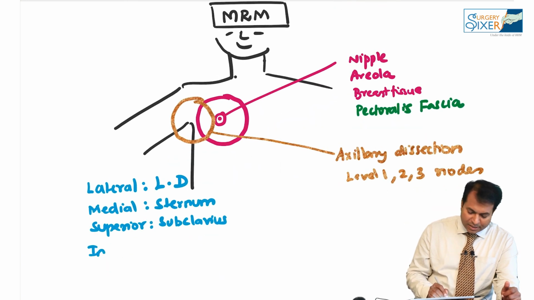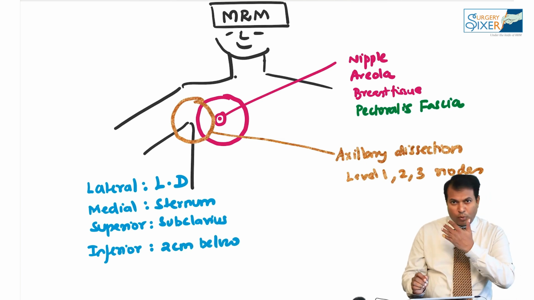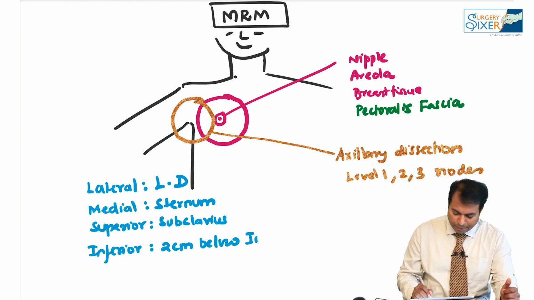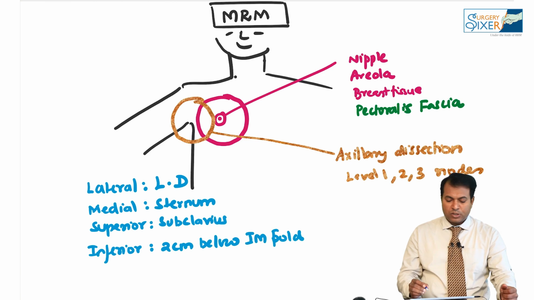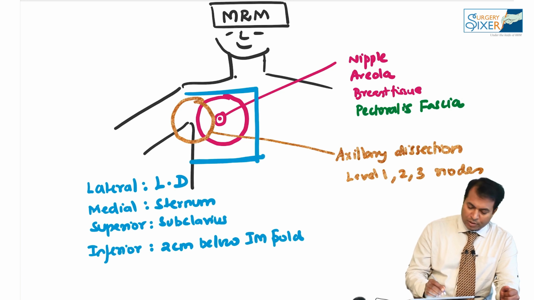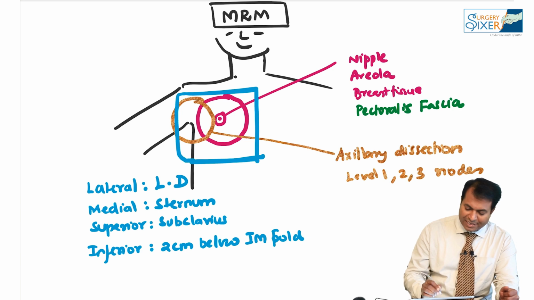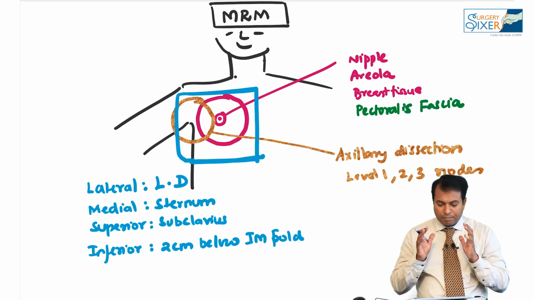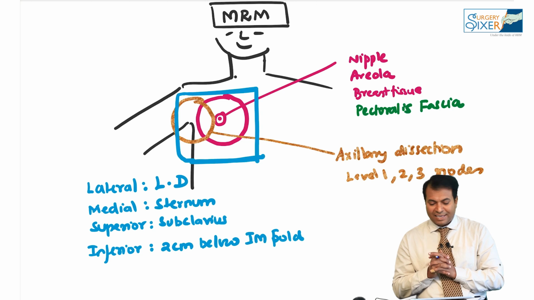Inferiorly the boundary is 2 centimeter below the inframammary fold. So this is the boundary: the subclavius muscle, sternum, 2 centimeter below the inframammary fold, and we have to go up to the latissimus dorsi. This is the boundary of modified radical mastectomy.